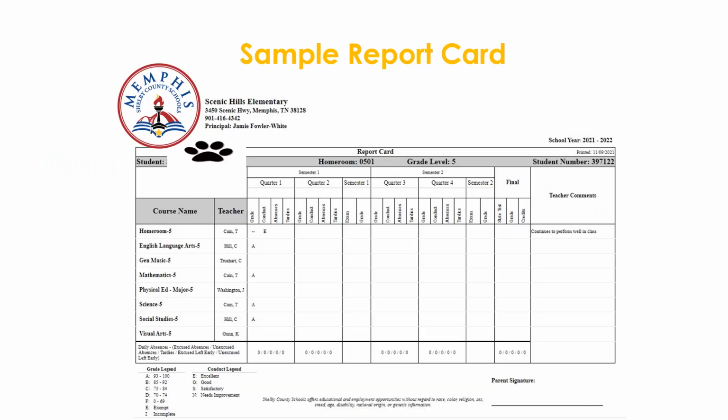On the screen, I have a sample report card. Report cards and progress reports look similar. Ironically, today is the day that all scholars brought home progress reports for the second 9-week period. We are halfway through the second 9-week period. It's very hard to believe, but we only have 4.5 more weeks before this 9-week period ends.